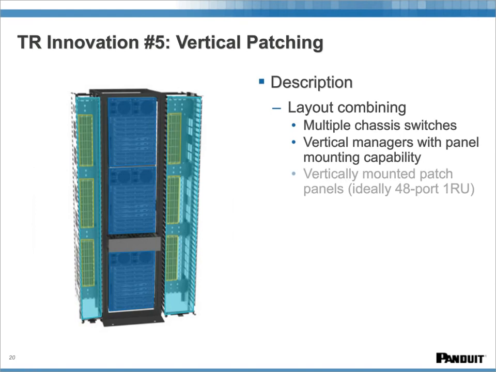Great question, Patrick. With vertical patching, the panels themselves are the very same panels that can be used in the normal horizontal orientation. So whether you choose to use a vertical numbering scheme on the panel or a conventional horizontal numbering scheme where you start at the top left of the panel and you work across in the numbers going to the right, 1, 2, 3, 4, etc., these schemes and these panels are no different.